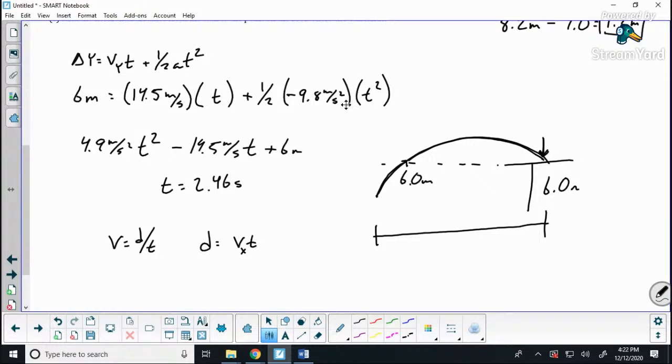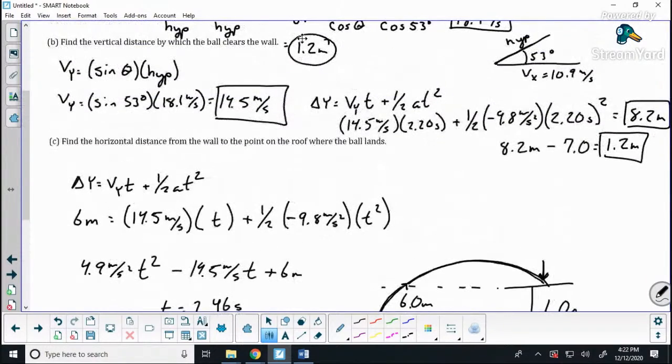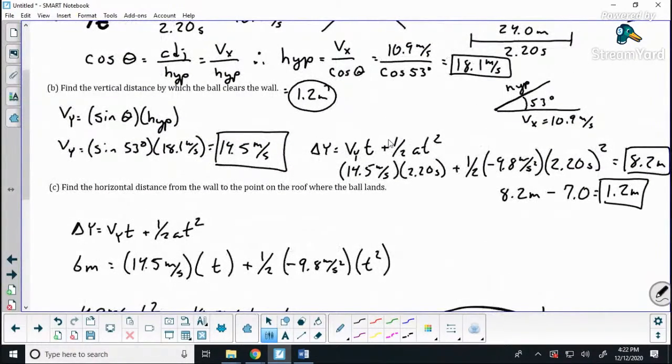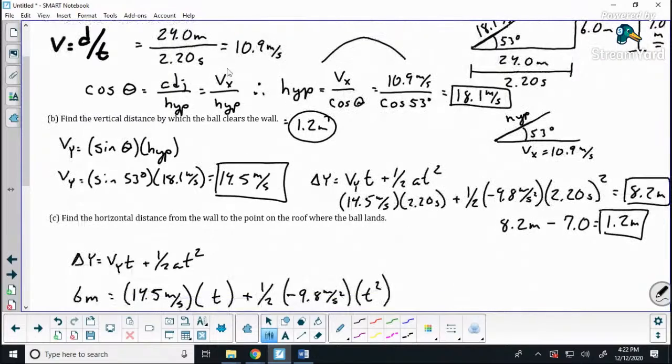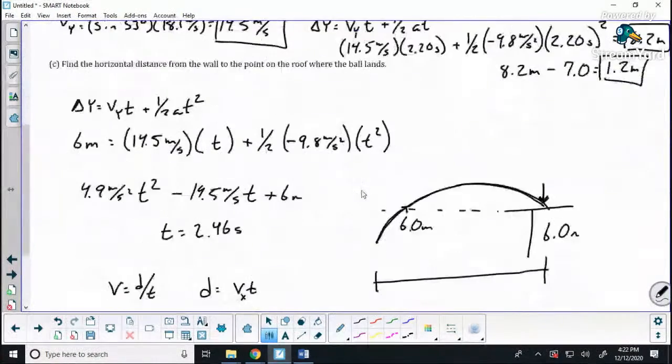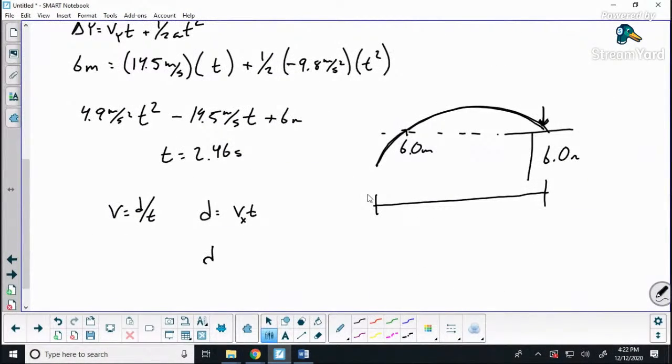My velocity in the x, when we go back up to it, was 10.9 meters per second. So distance in the x is my velocity in the x of 10.9 meters per second, and it travels at that velocity for 2.46 seconds total.